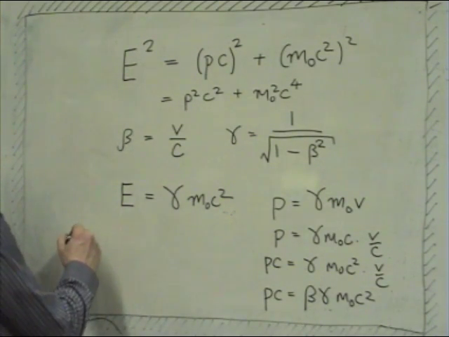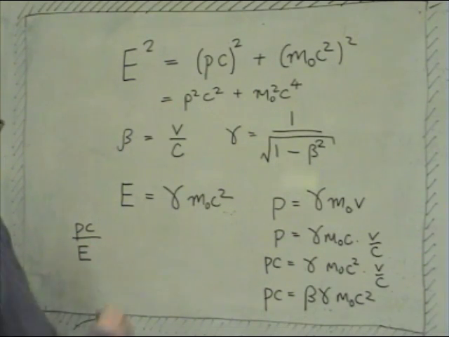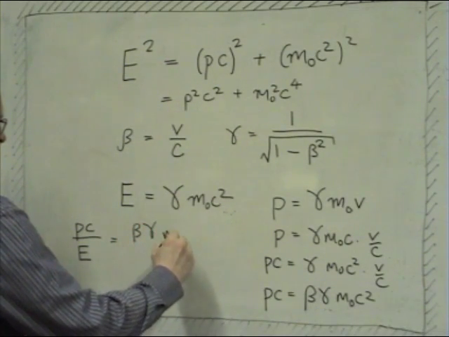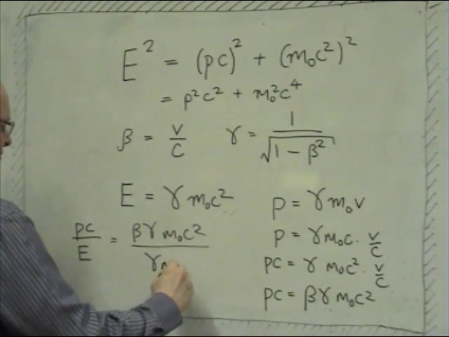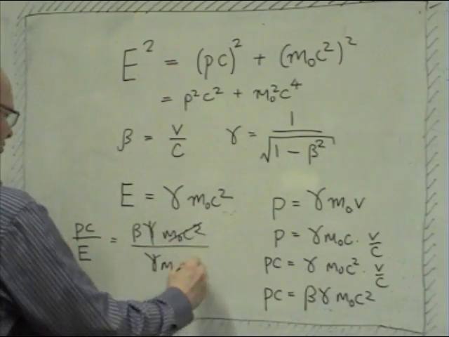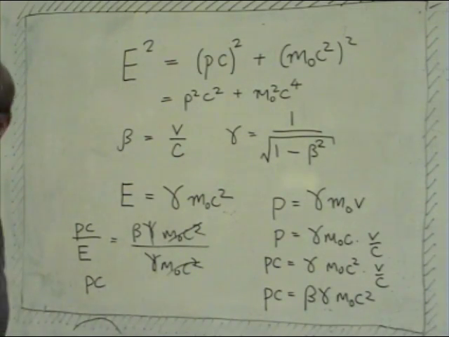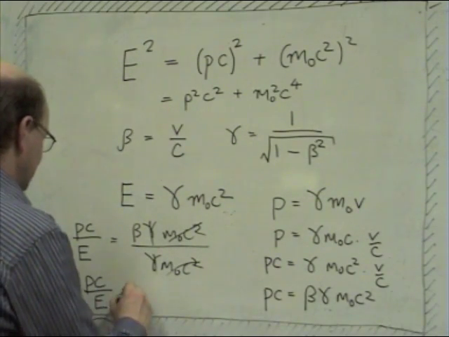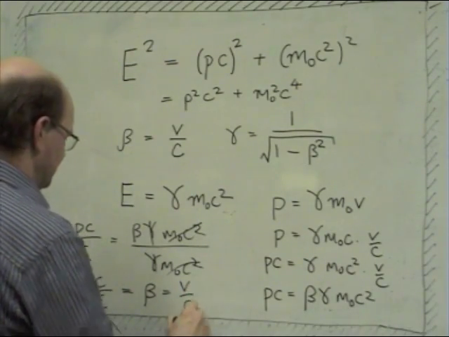So if we take pc and divide it by E, pc is beta gamma m naught c squared, and E is just gamma m naught c squared. And you're led to an interesting result, because everything except the beta cancels. So you're left with the ratio of the momentum of the particle times the speed of light to the total energy is just beta, the ratio of the velocity of the particle to the speed of light.